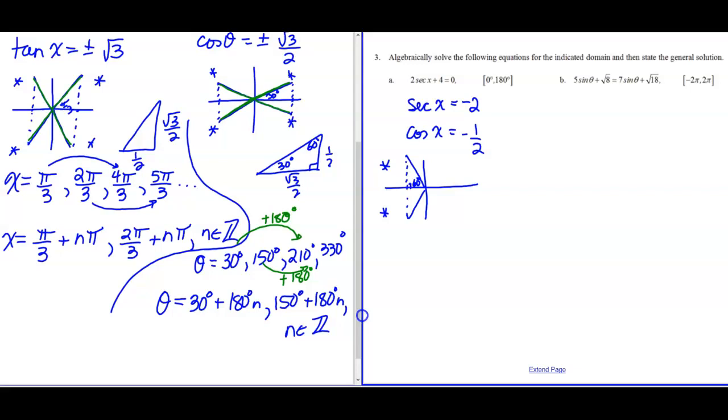So in this case, for the given domain, there's only one solution. x equals 120 degrees, right? Based on that.